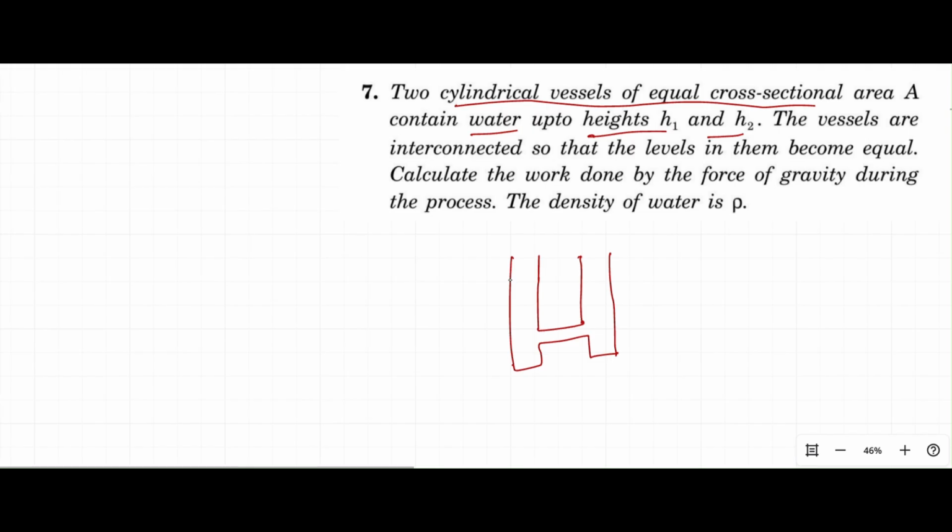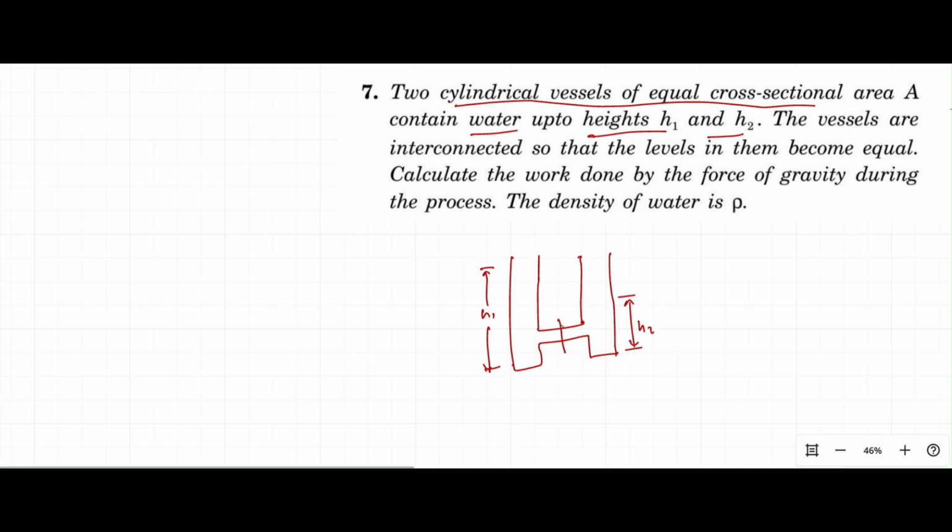So in one column the height is h1, and in another column the height is h2.